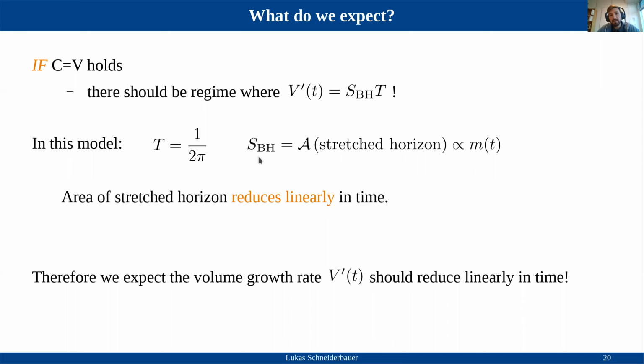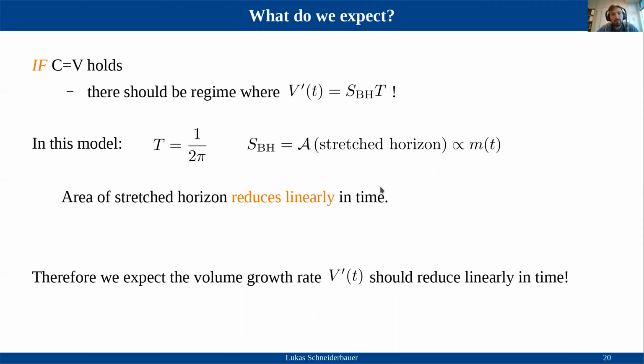Okay. The entropy of this black hole is given by the area of the stretched horizon, which turns out to be proportional to the current mass of the black hole. And in this model, the area of the stretched horizon reduces linearly in the time we are considering. This is an outcome of the model.